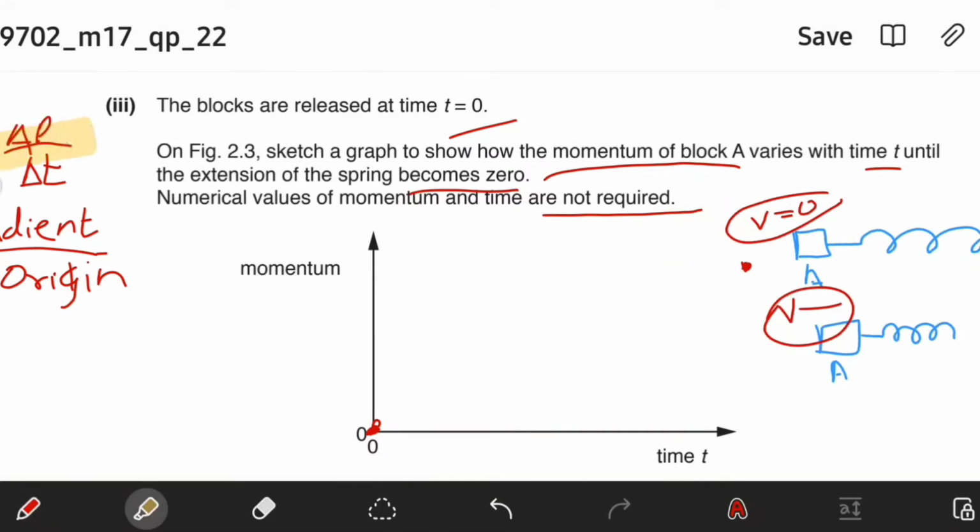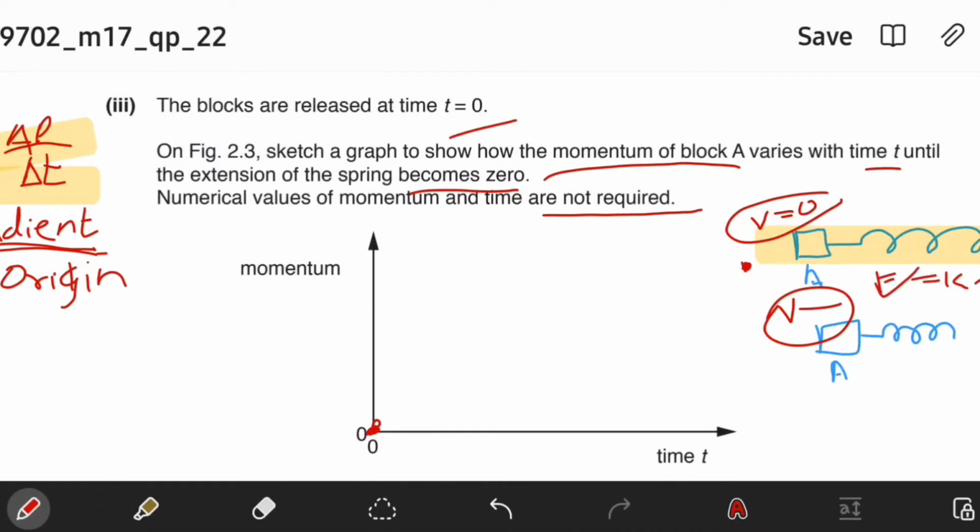From this equation right here, we know that our force is our gradient, right? So in this situation, what is happening to the gradient, what is happening to the force? The force is very big because the extension is big, right? So the force is also big.